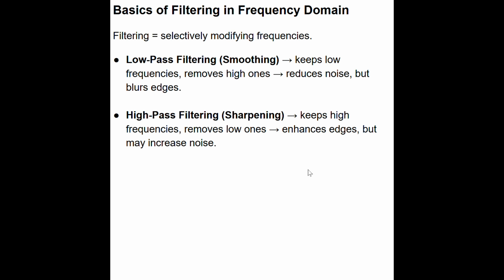This is because it is keeping the high frequencies in the image. That's why it may result in an increase in the noise of the image. I hope this is clear with you. Is there any confusion in anybody's mind? If you have any question, you can ask it.